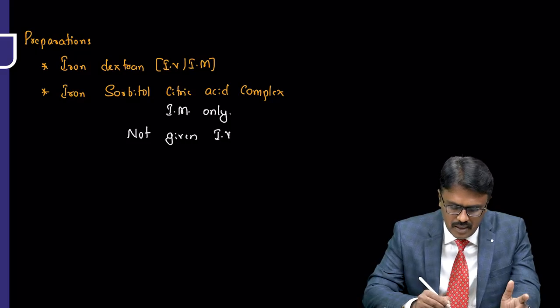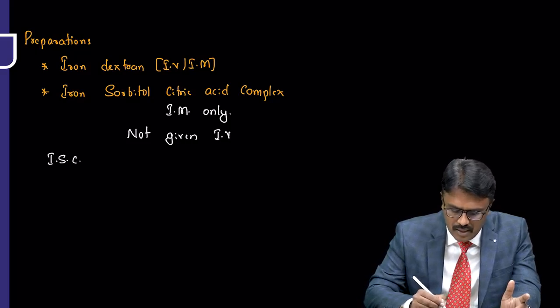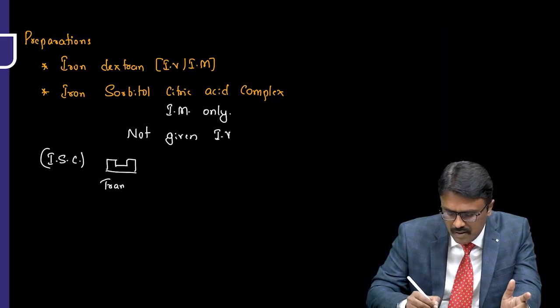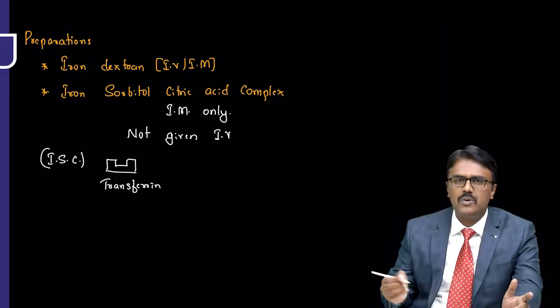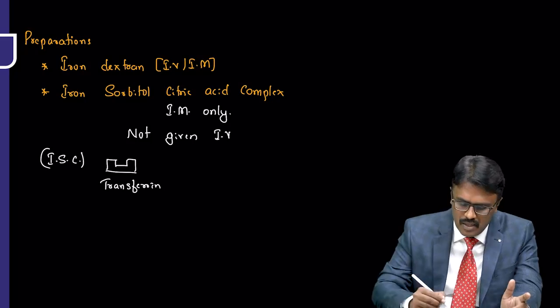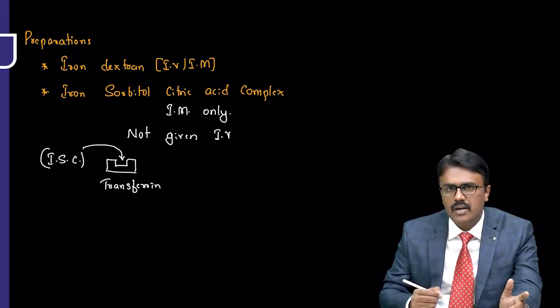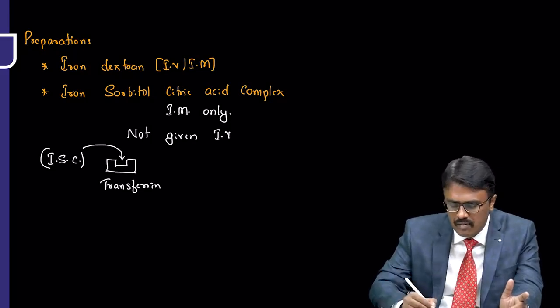Now, when we give this iron sorbitol citric acid complex, I will write it as ISC. Now, there is a protein called transferrin. You know the role of transferrin. It is the one which transports the iron from one place to another. Now, this iron sorbitol citric acid will sit on the transferrin. So when they sit on the transferrin, the iron will become free.